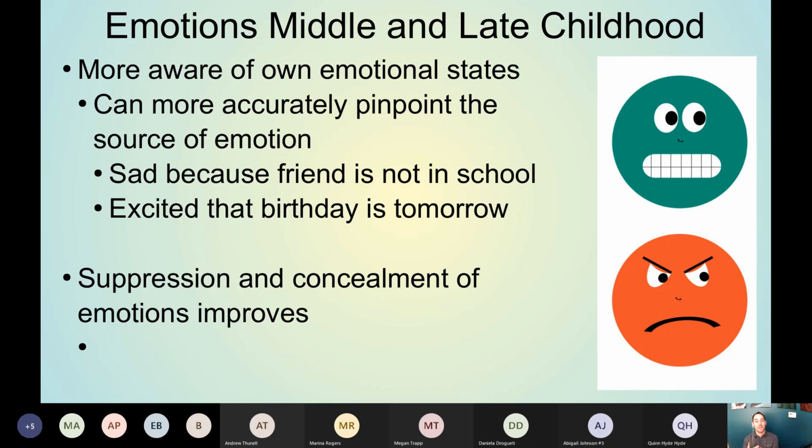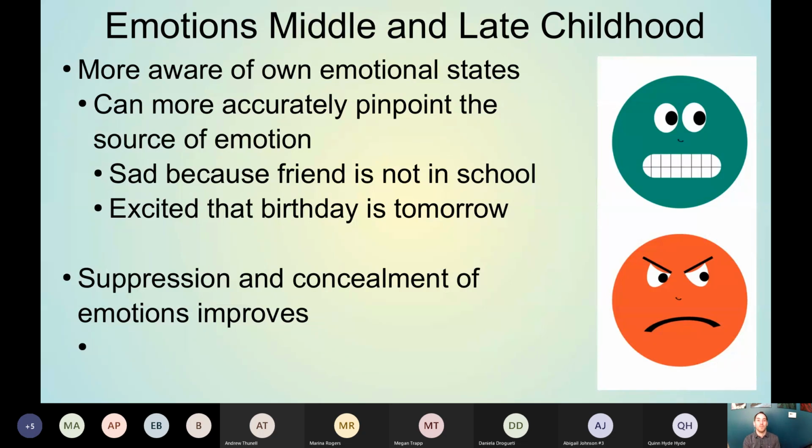Also, suppression and concealing emotions improves as well, because these are things that we do in general social situations. For example, in any given situation, it might be beneficial socially to not be displaying any given emotion. You might be really upset that someone did something, but if you want to keep that relationship going in the future, you might conceal or suppress that emotion in that given situation, as an example.